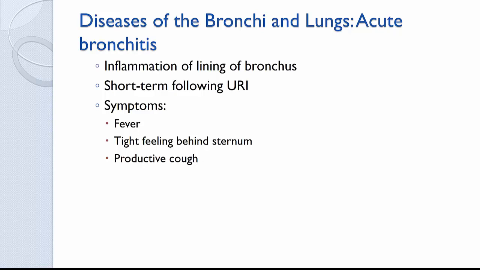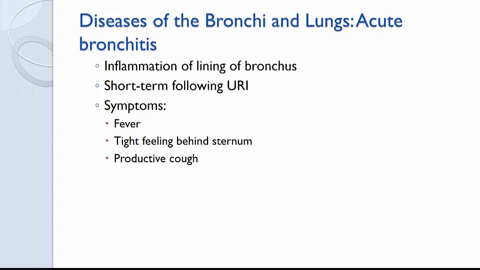Bronchitis, acute bronchitis, is most likely a sequela of URI. So URI sequela, it means you can determine that this is really a viral disease. Patient may have fever, tightness behind the sternum, substernal tightness, substernal chest pain, productive cough, productive yellow-greenish sputum.